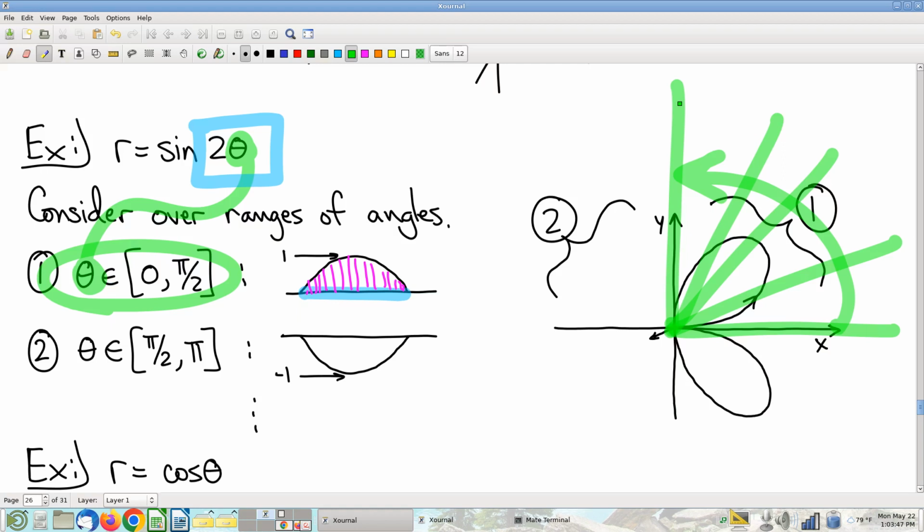Sorry, careful. See how easy it is to mess up? So as theta goes from 0 to pi over 2, the values of this function, the r, go from 0 all the way up to 1. As the angle increases, r starts to come back down, and so you get something like that. What do you think? A little flower petal or something?